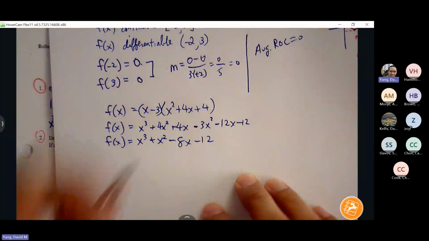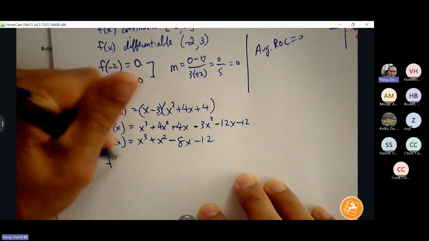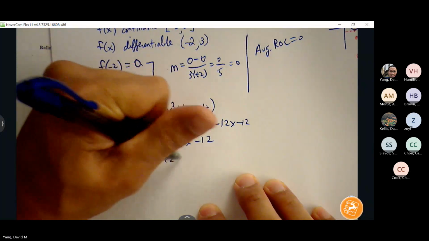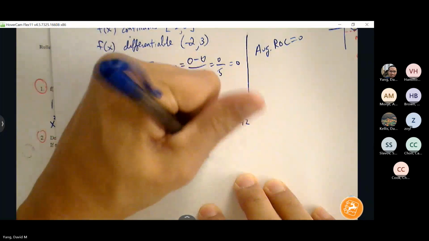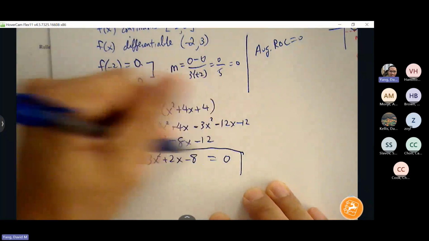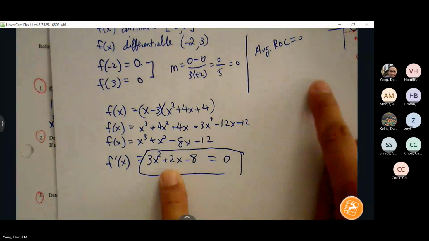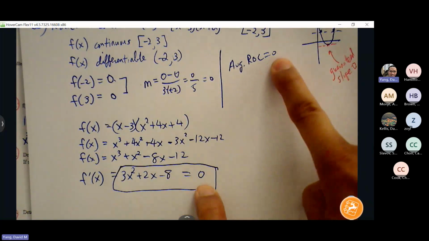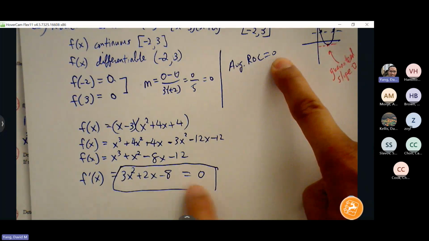Okay, so now that I have my f of x, I can find f prime and set that equal to 0. So now I have my instantaneous rate of change formula. Make it equal the average rate of change.